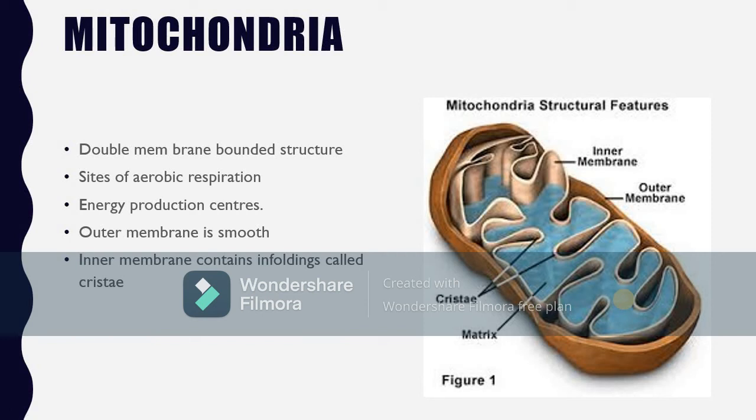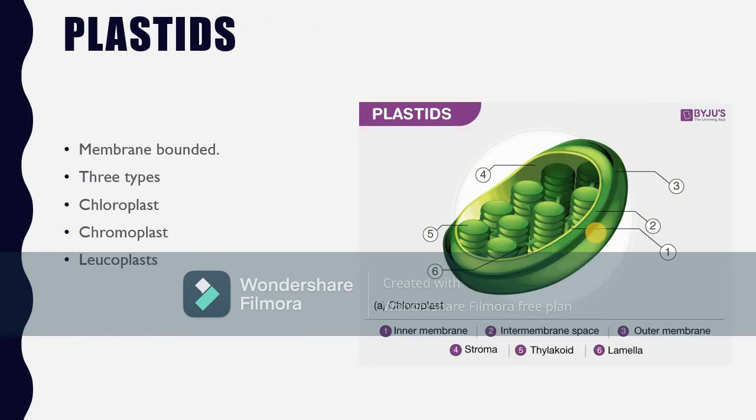These are the sites of aerobic respiration and the major energy production centers. This serves to increase the surface area of the inner membrane. And mitochondria have their own DNA and ribosomes. The ribosomes of the mitochondria are more similar to bacterial ribosomes than to the eukaryotic ribosomes.